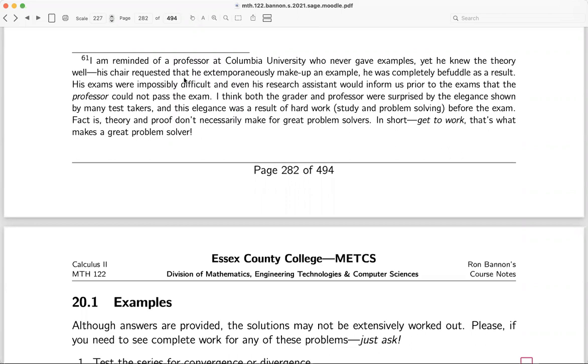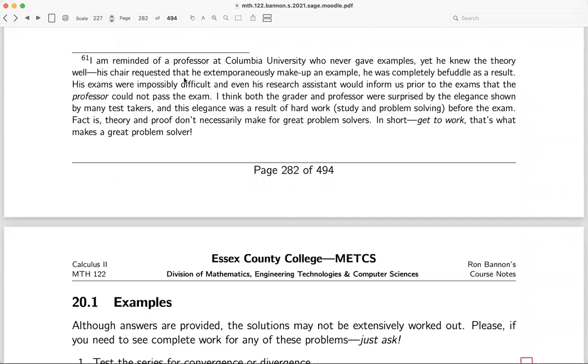The point is this, though: his exams, I don't know if he wrote them, but someone wrote the exams, they were impossible. Absolutely so difficult that almost everyone looked at them and said, where did this come from? Typically, especially at a place like Columbia University, a research assistant comes in.